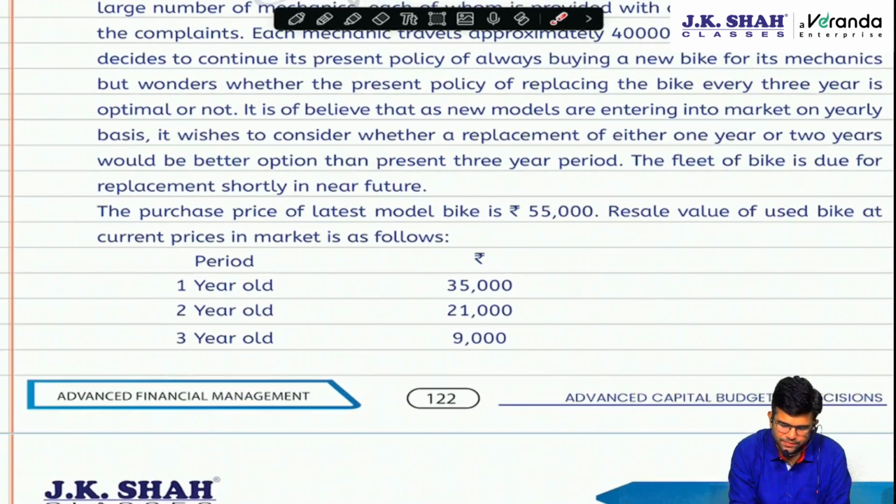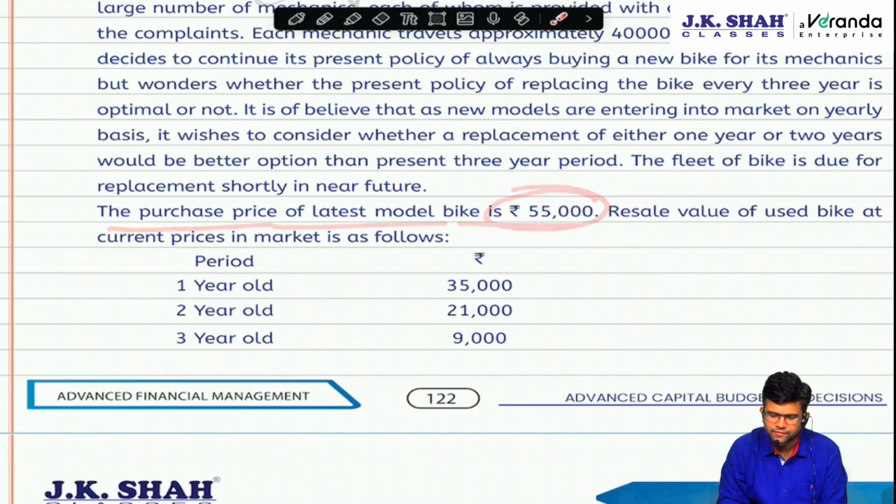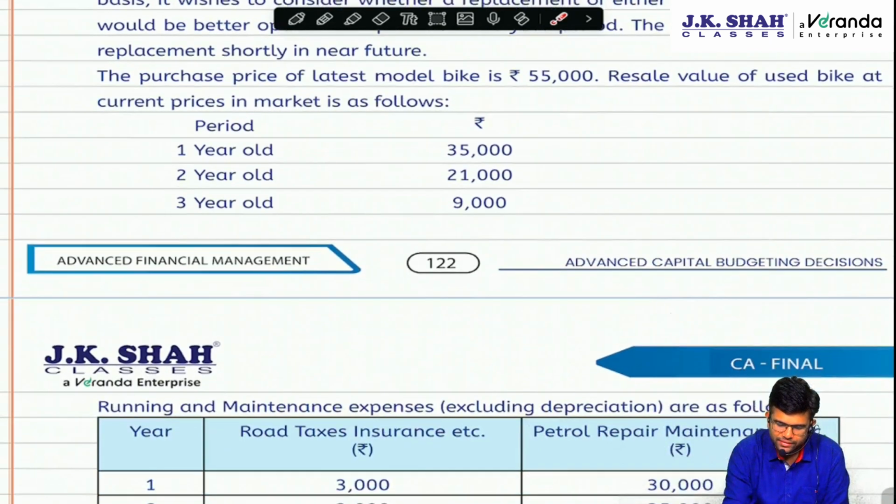So they are saying the purchase price of the bike is 55,000. And the resale value of the bike is as follows. After 1 year, if you replace, then 35,000 will be the replacement value. If after 2 years you replace, 21,000. If after 3 years you replace, 9,000. This is the salvage given.